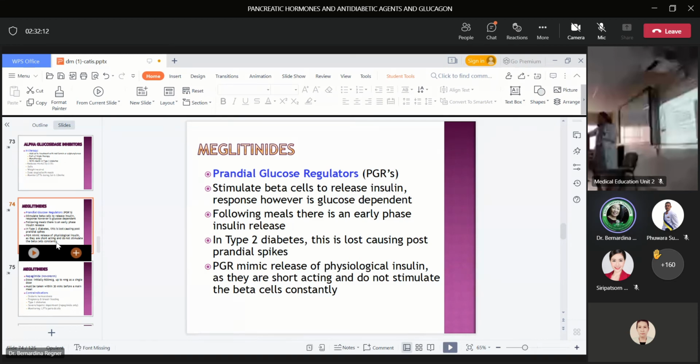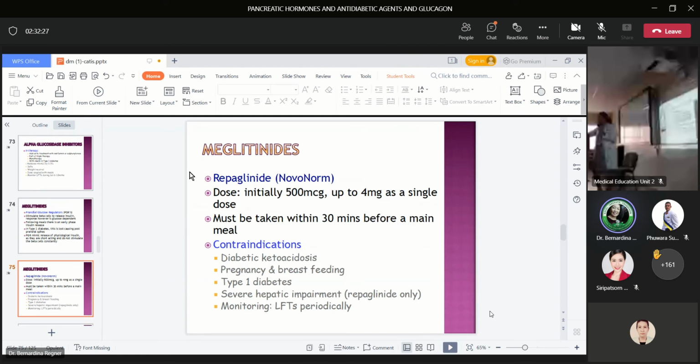Okay? So what are your prandial glucose regulators? They are your meglitinides or your gliptins. Okay, so meglitinides marketed as Novonorm. So you have here repaglinide.